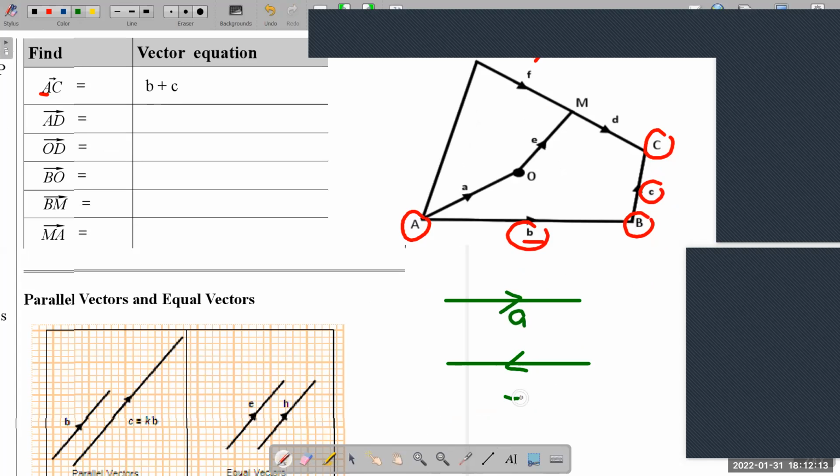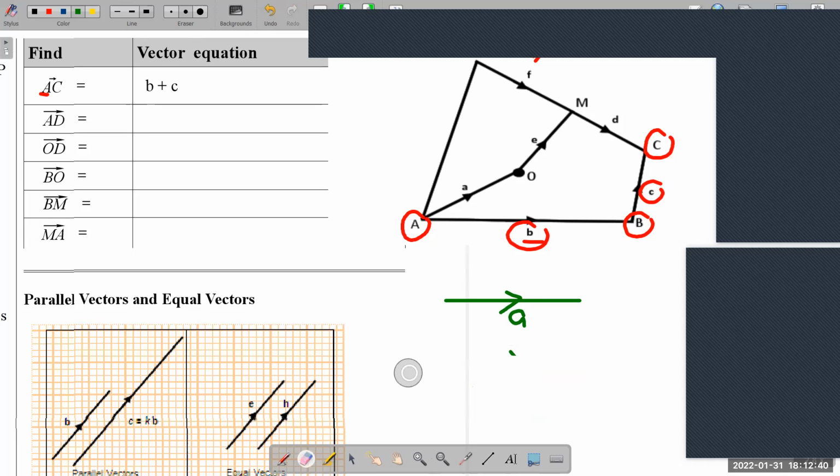It's going to be called negative A. Keep in mind, it is the same line, except if the front direction is A and I want to go in the opposite direction, it's going to be called negative A. So even though this is the arrow, if I want to go backwards, it becomes negative A. Everybody with me so far?